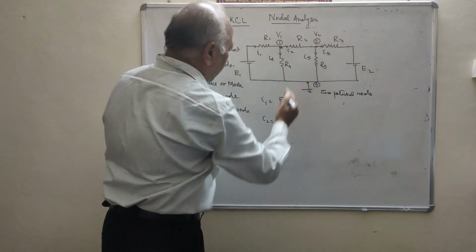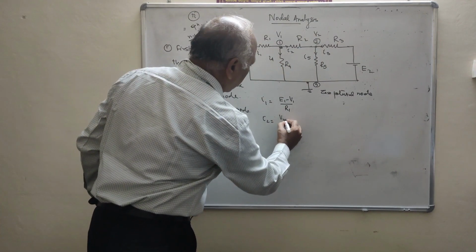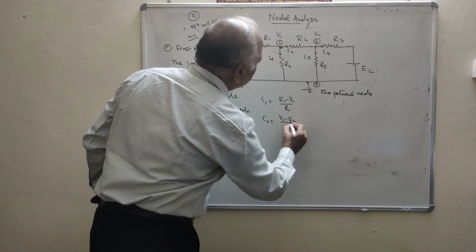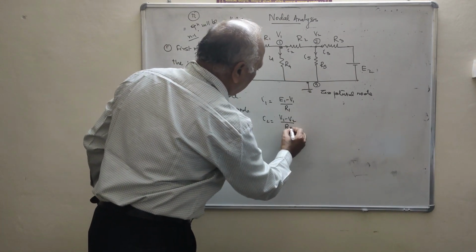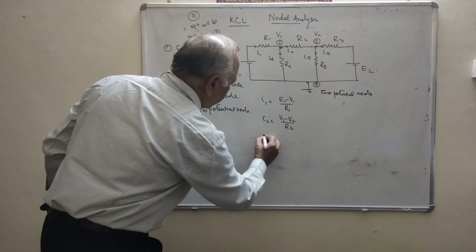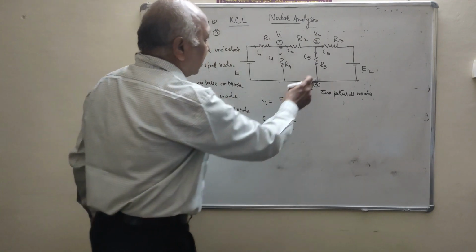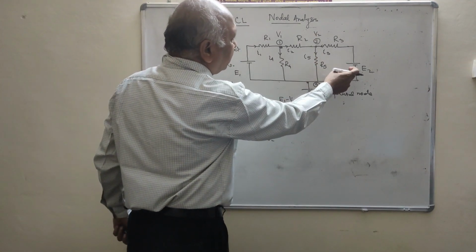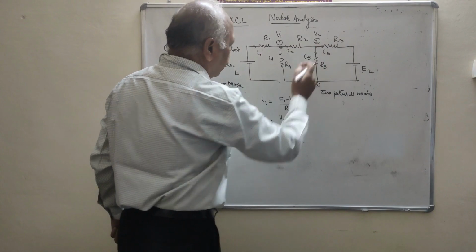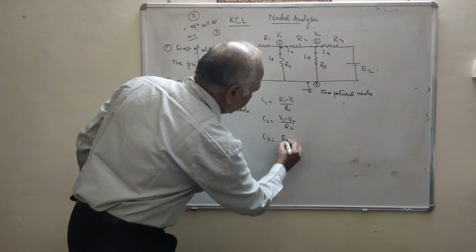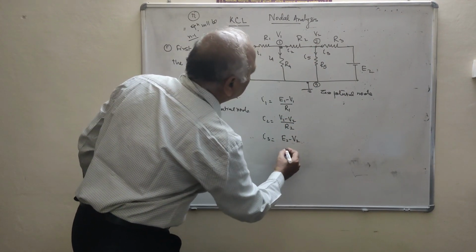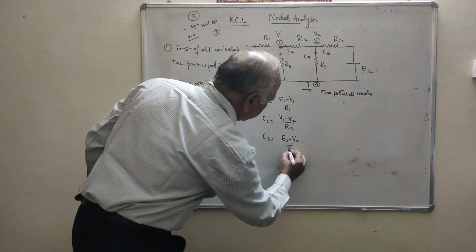That means I2 is equal to V1 minus V2 upon R2. And what is I3? Now I3 is going from E2 to V2. That means E2 minus V2 upon R3.